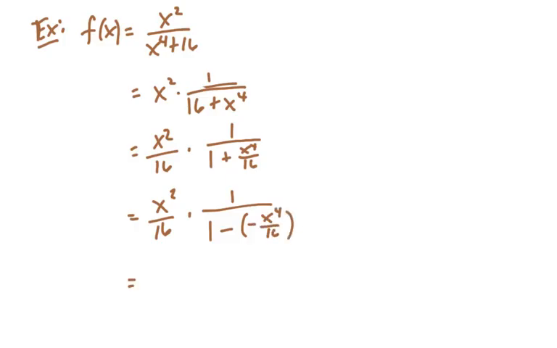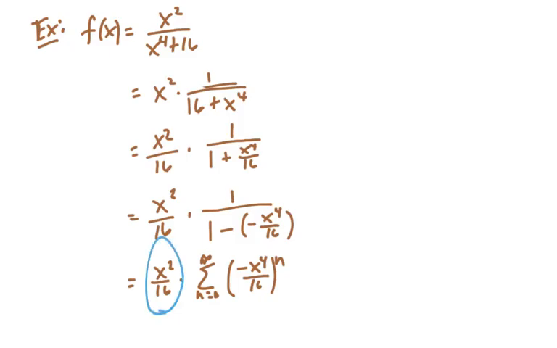So this equals x squared over 16 times the sum from n equals 0 to infinity of negative x to the fourth over 16 to the nth power. So then we can bring the fraction that's out front here, this x squared over 16, inside the summation, because it has nothing to do with n. It's a constant, so to speak, in the matter.